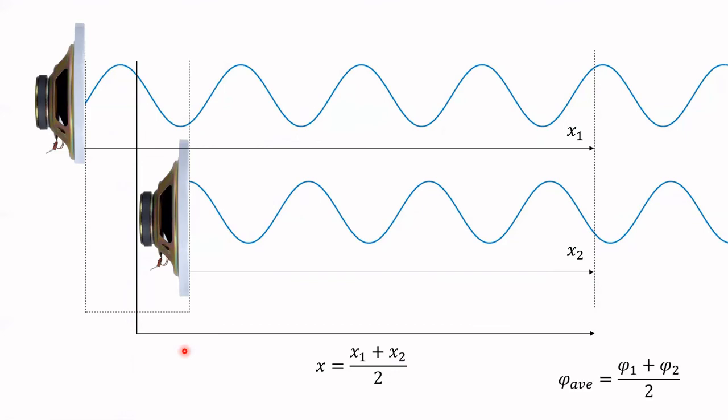That's all that is. And then there's no better way to describe this than just phi average. And again, I screwed up. This should really be phi 1, 0 plus phi 2, 0 divided by 2. So I'm not talking about the total phases. It's the inherent, or the phase constants that I've added up and divided by 2.